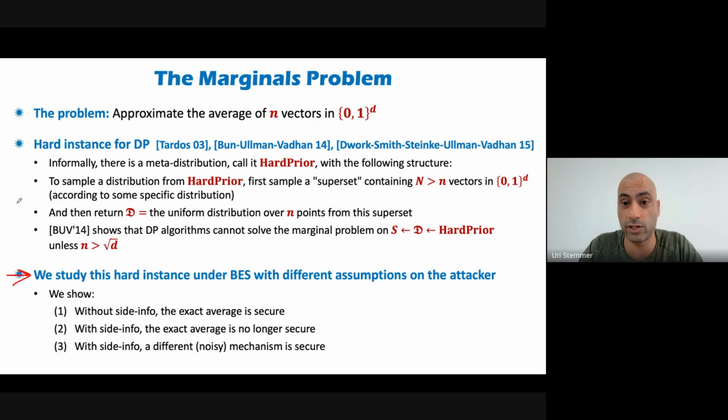Okay. What we do is we revisit the same hard instance under our new definition of Bayesian extraction safety, and we conduct a case study according to the side information available to the attacker.